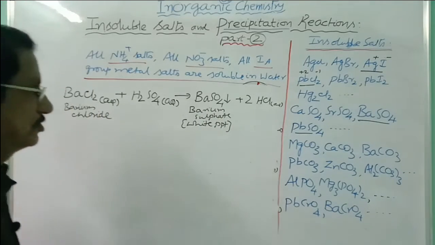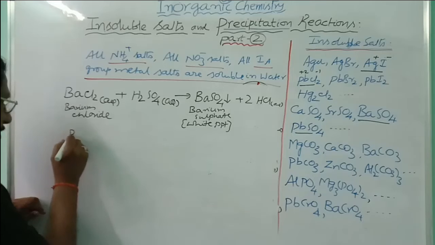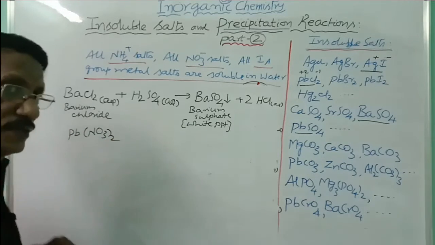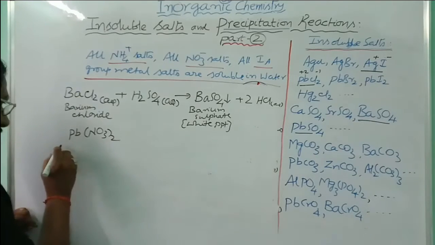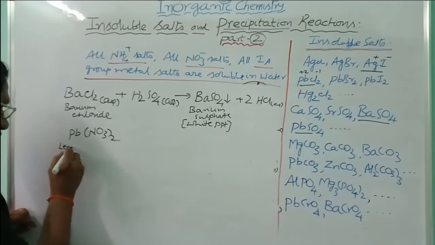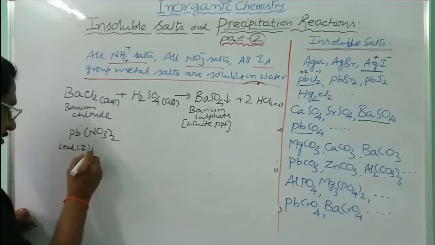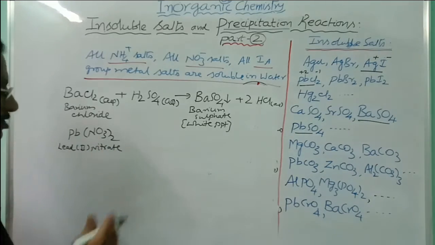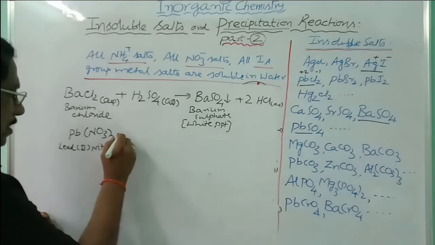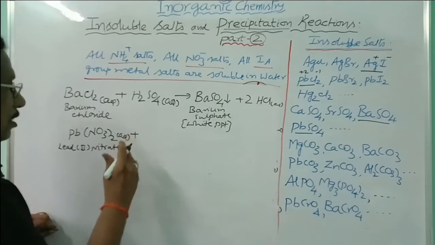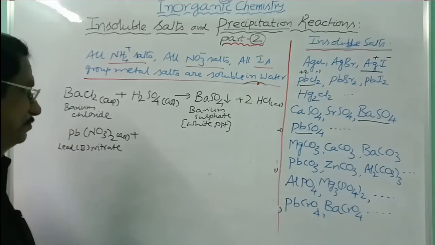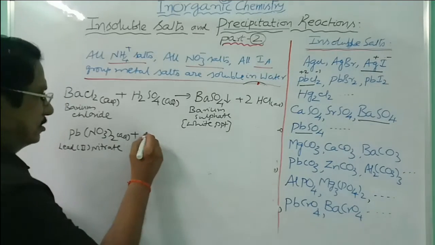Similarly, lead sulfate. I am taking here lead nitrate, Pb(NO3)2, because it is available in the laboratory. Sometimes you can write lead(II) nitrate, because its valence is plus 2. This is soluble in water, aqua. You have to add any sulfate solution. For example, let us take copper sulfate.